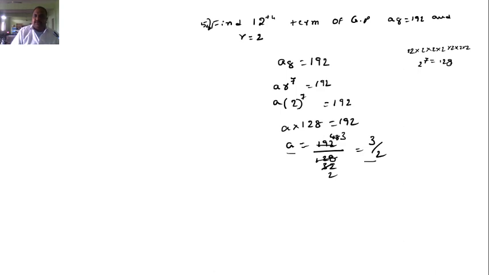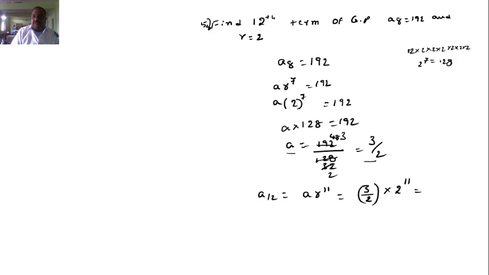First term and common ratio, if you know these two, we can get any term. So we have to find a12. A12 means ar to the power of 11. a means 3 by 2, into r means 2 to the power of 11.